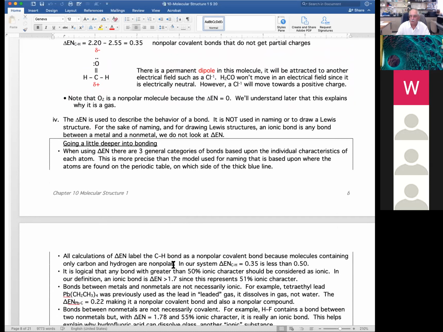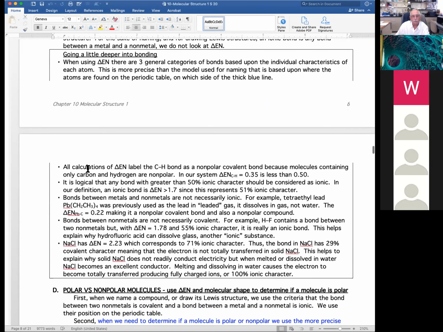We had only 2 categories, covalent and ionic. Now we have 3 categories based upon the individual properties of each element. So this is way more precise.